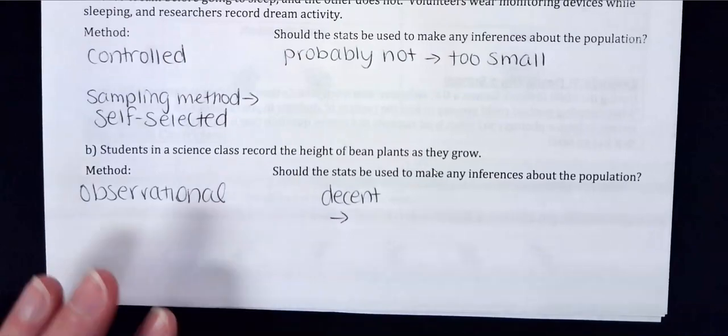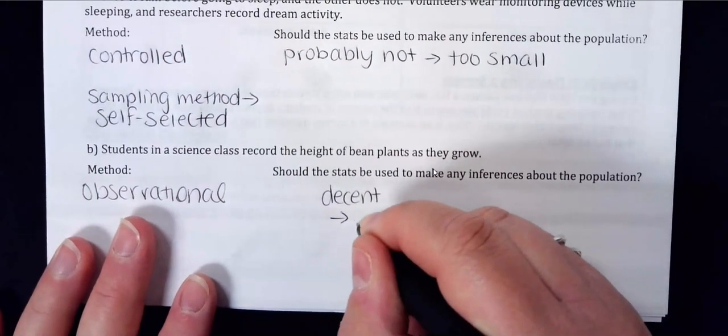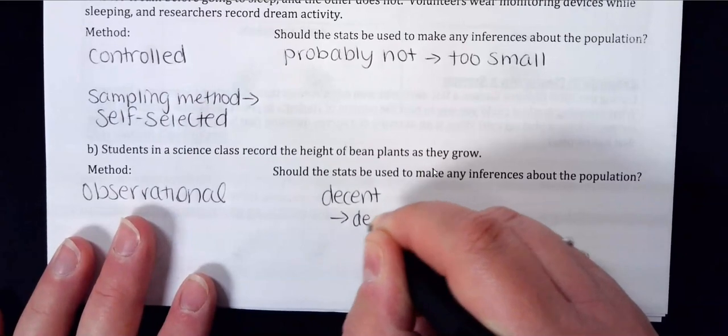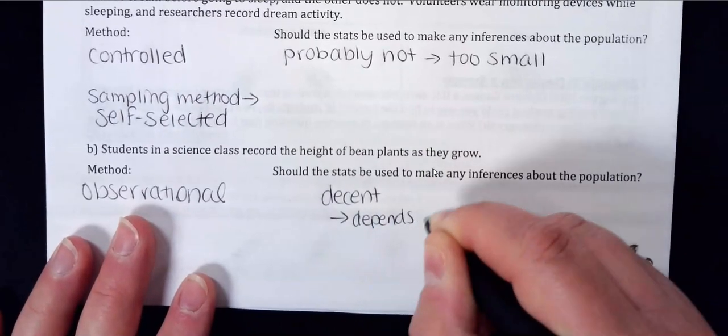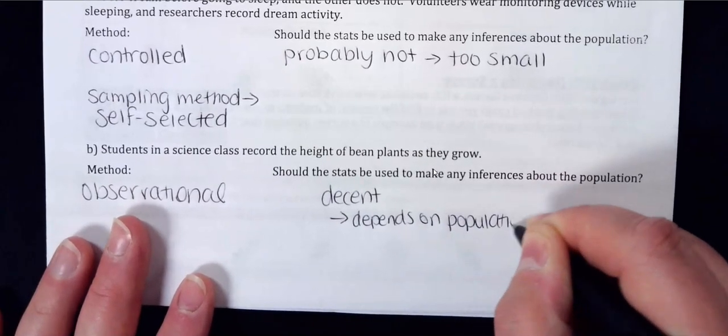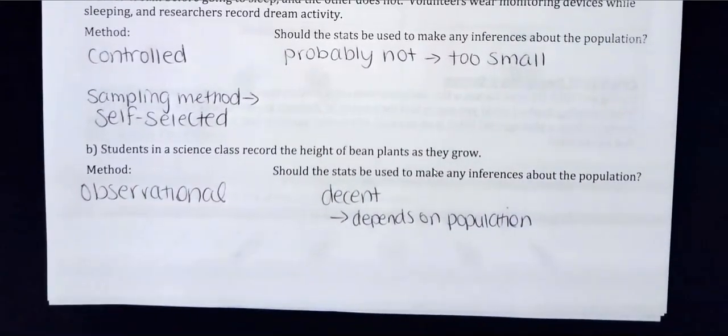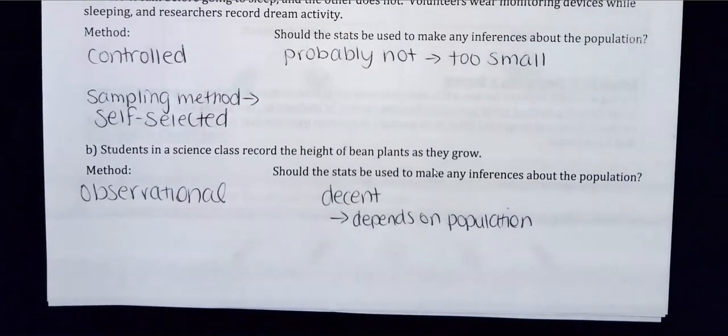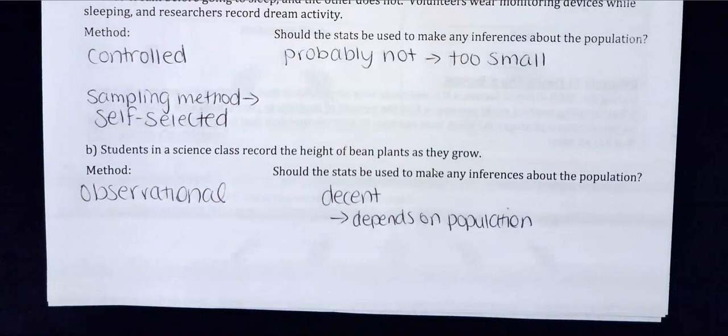So I would say this is decent, but it depends on what population you're talking about. If you were saying this is for the state of Indiana, that would probably be pretty good. If I was saying this is for the whole country, I would say maybe we should involve some more schools and collect and compile the data a little bit more. But I think that would be a good study.